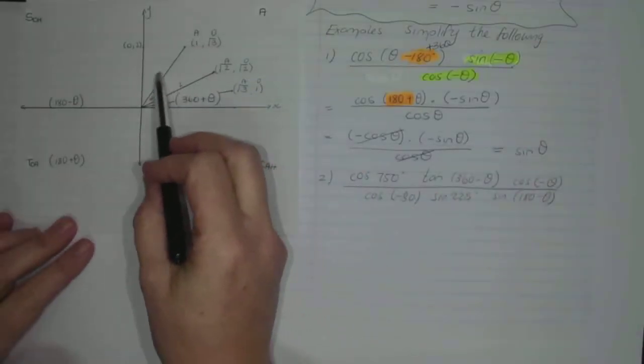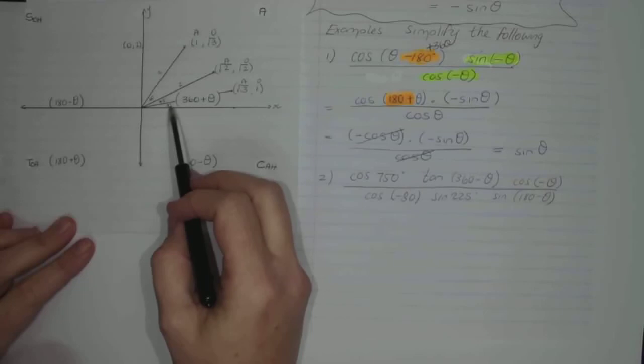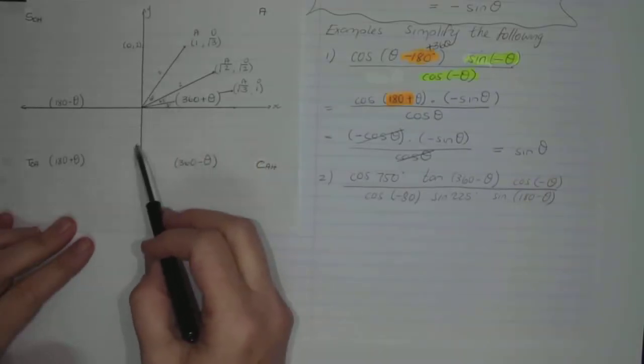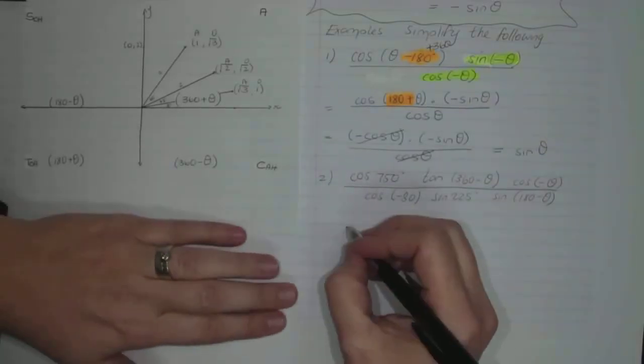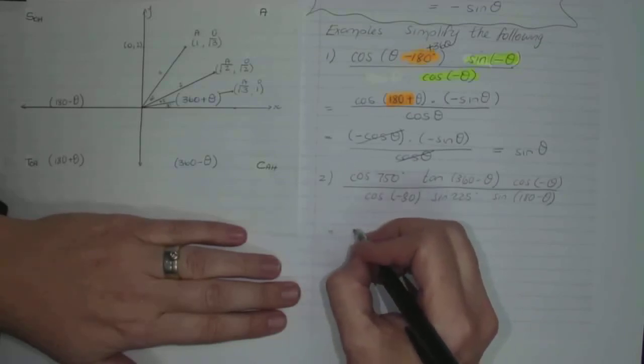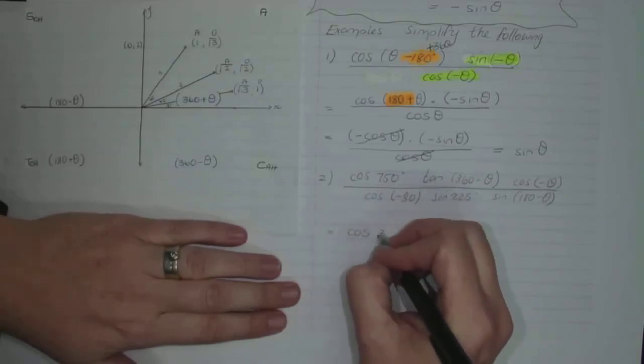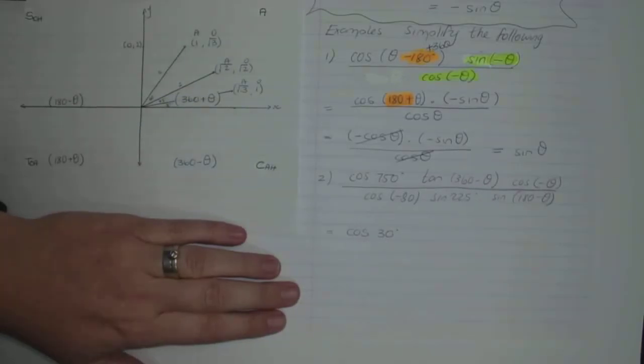It takes 360 degrees to go one way around. Another 360 degrees is 720. So cos 750 is actually the same as cos of 30. Okay.